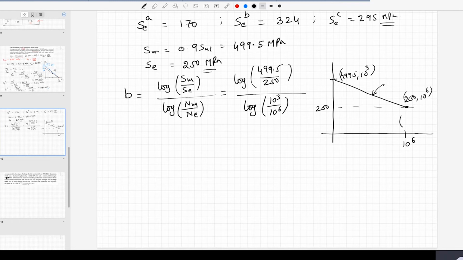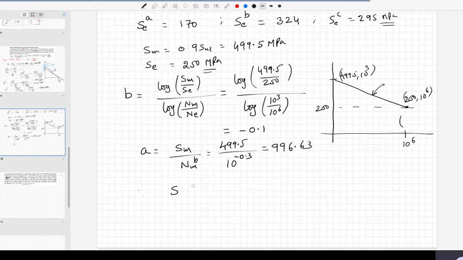Doing that, you will get B to be minus 0.1. And A comes out to be Sm by Nm power B, that is 499.5 divided by 10 power minus 0.3, that is equal to 996.63.